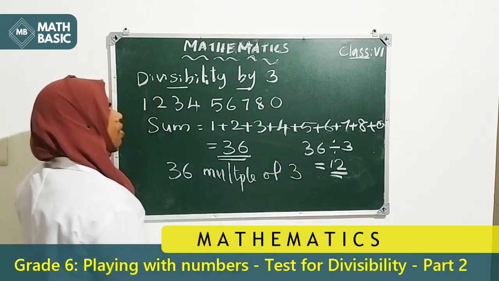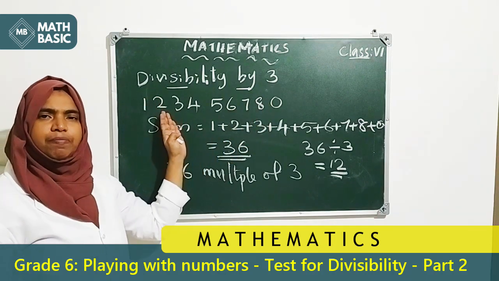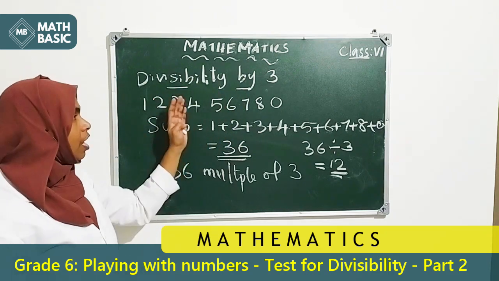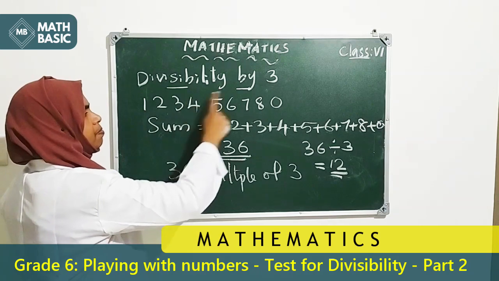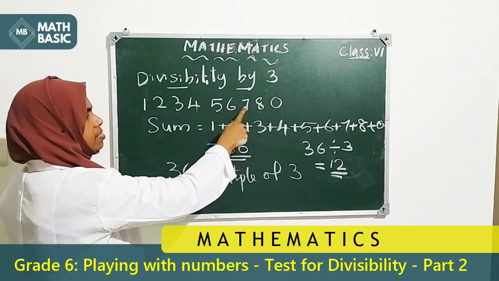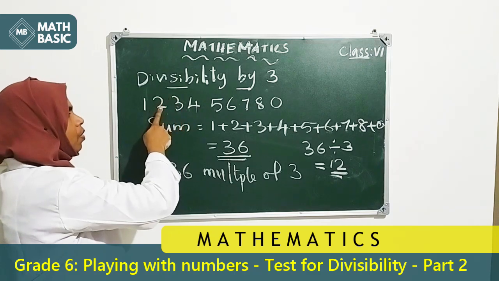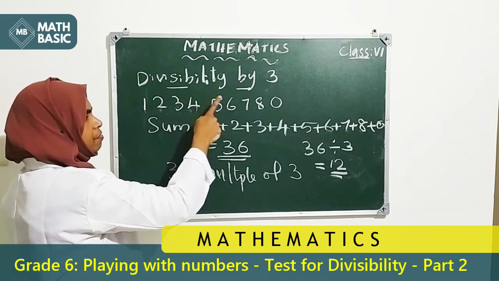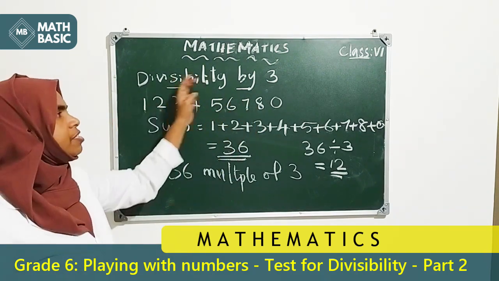Or we can say that this 9-digit number is divisible by 3. Without dividing, we can understand. See, how can we read this number? Ones, tens, hundreds, thousand, 10,000, lakh, 10 lakh, crore, 10 crore. So, 12 crore, 34 lakh, 56,780 is divisible by 3.